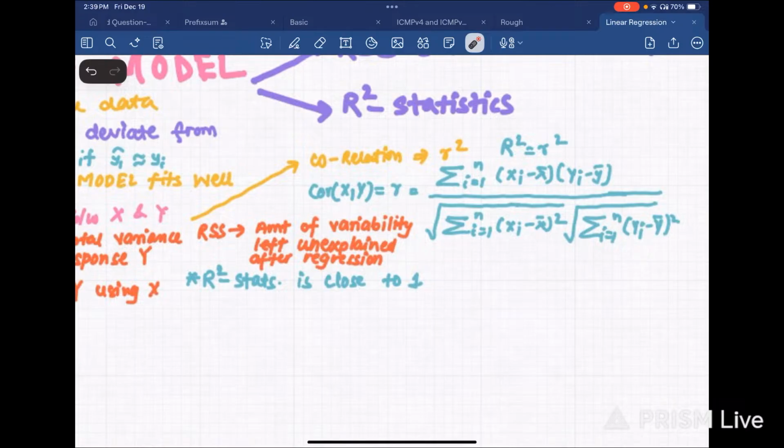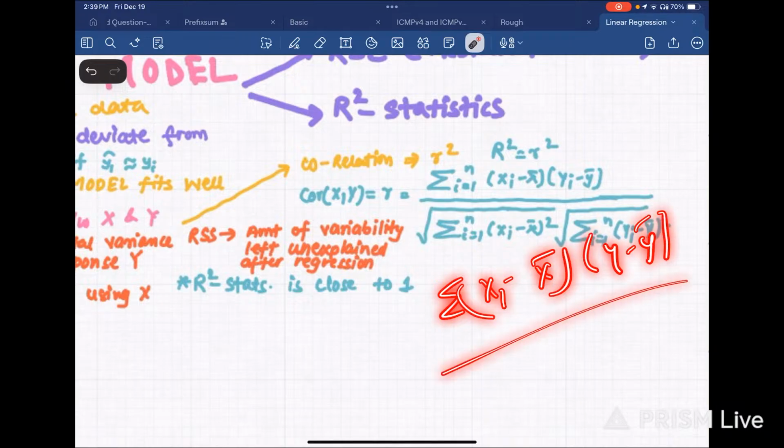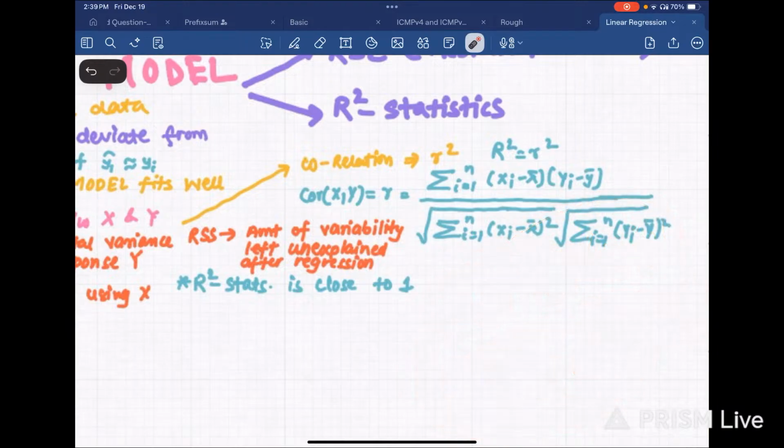R square is equal to the square of this correlation. The small r represents the covariance of x and y, which we can see as sigma of xi minus x dash into yi minus y dash, divided by root of sigma of xi minus x dash squared into root of sigma of yi minus y dash squared. So this gives us the correlation of x and y. R square is exactly the square of the correlation.